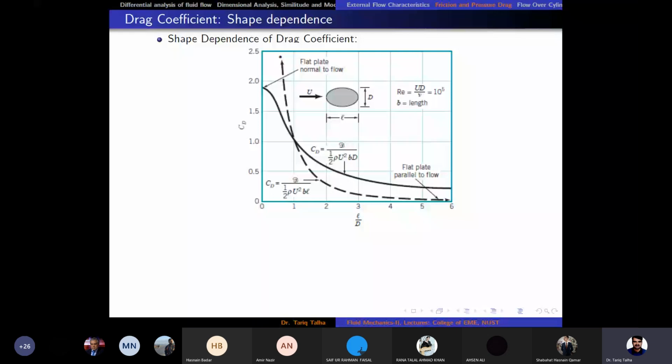It means that the body is quite blunt. Frontal area is more. Then in that case, the CD value is very high, around 2 or maybe 2.5 for that case, right?